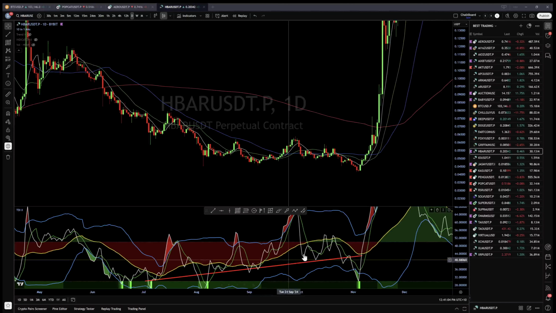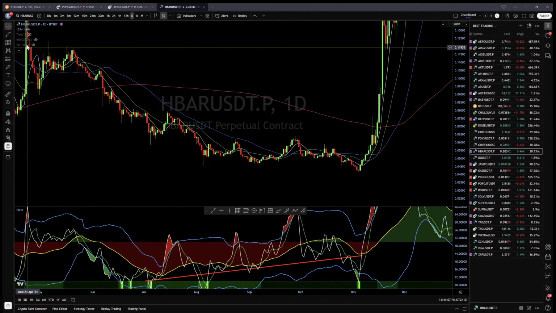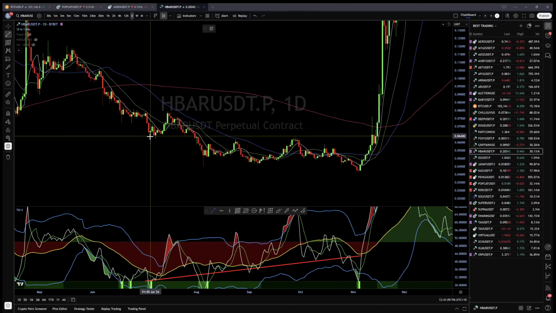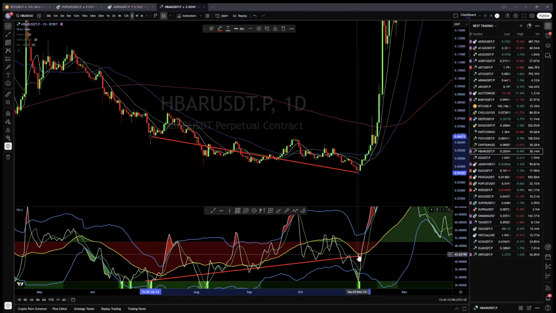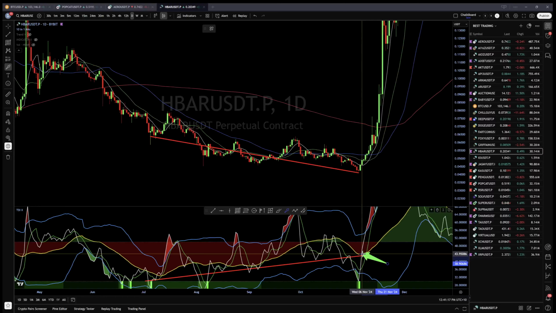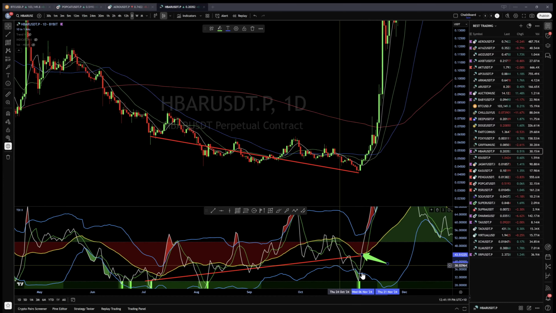You got your money flow coming up, your price is coming down, like it's at an angle. You got your crossover right here. Your fast MA, RSI line, whatever you want to call that white line, made the cross over the sentiment line from bearish sentiment to bullish.